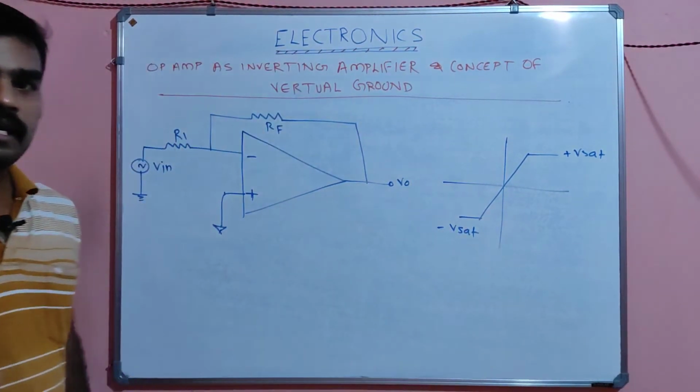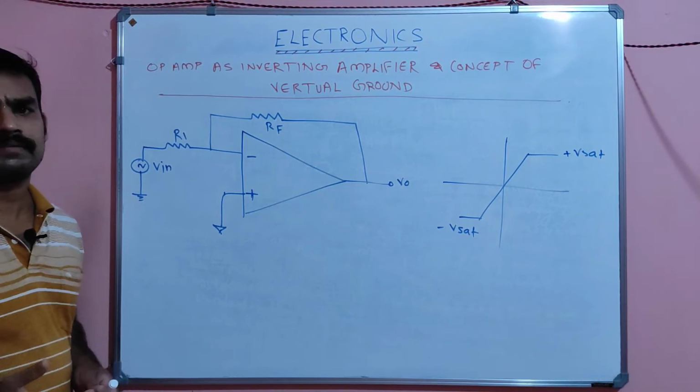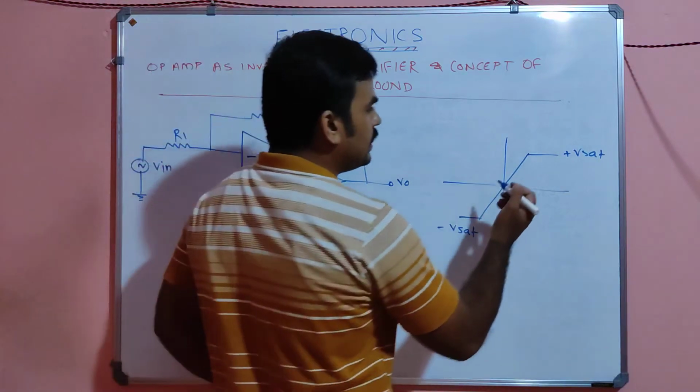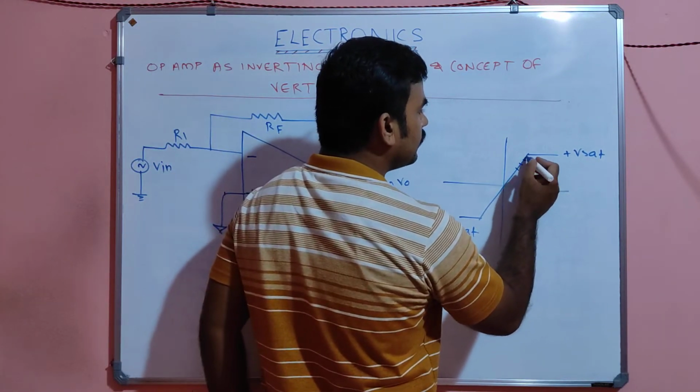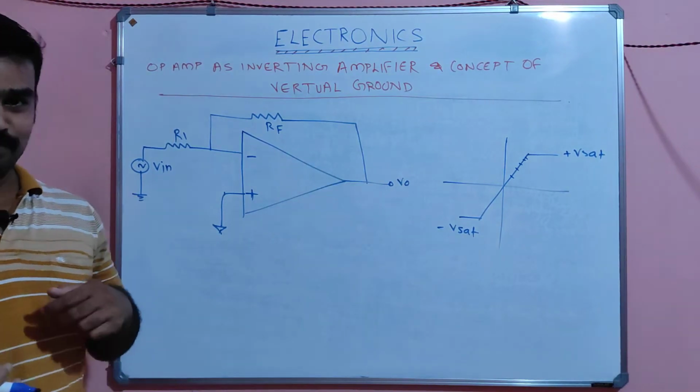Normally if we need an amplifier circuit from a transistor or from an op-amp, anything, we operate our device in this linear region. Then only the gain can be controllable.